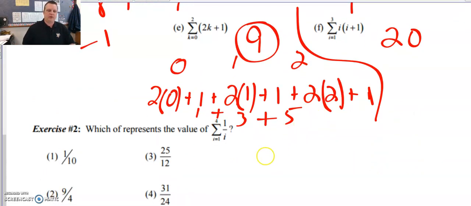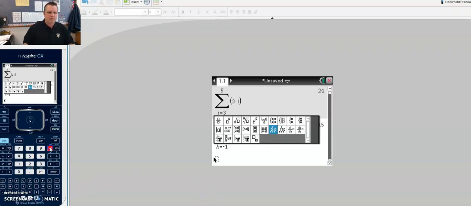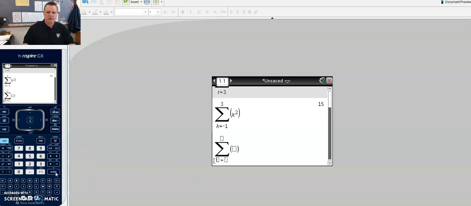Now, there's your part 1 right there. Which represents the value of... I don't know why there's an "of" in there, so we'll get rid of that. Again, go right to your calculator, do your summation symbol, and this one is i equals 1. It's okay if it's a fraction.